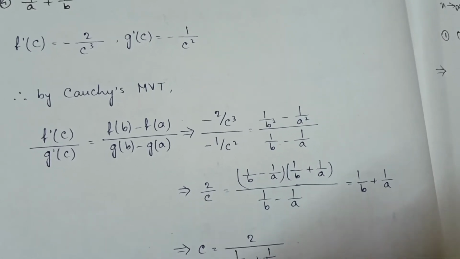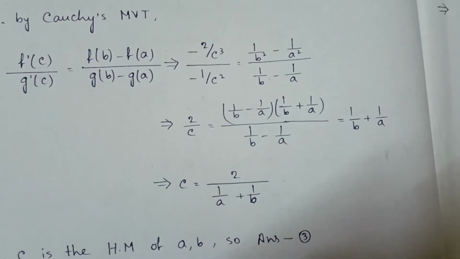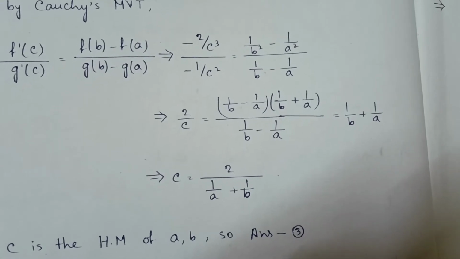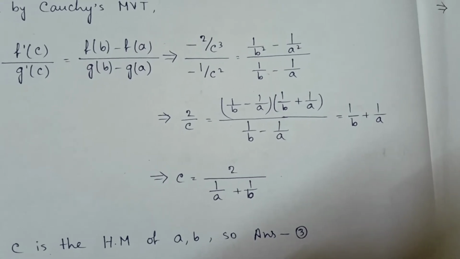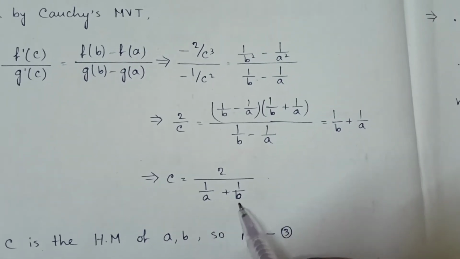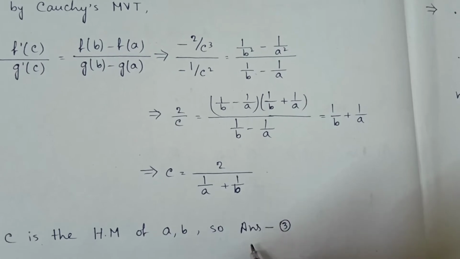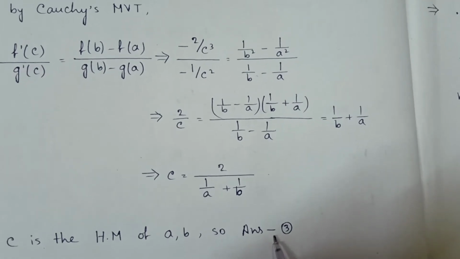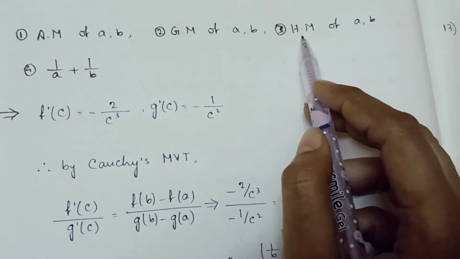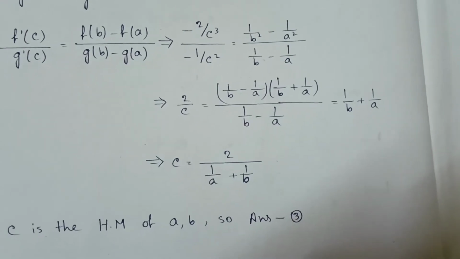So simplifying this, we will get c is equal to 2 over 1 over a plus 1 over b, which implies that c is the harmonic mean of a and b. This is the formula of harmonic mean, isn't it? So option C is correct.